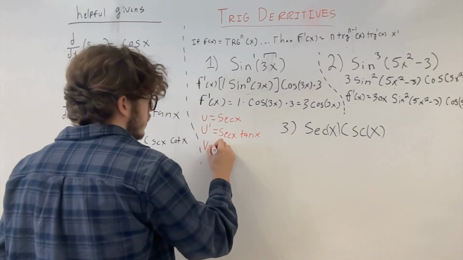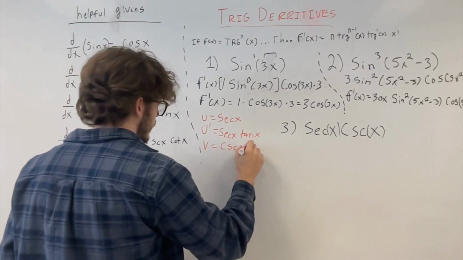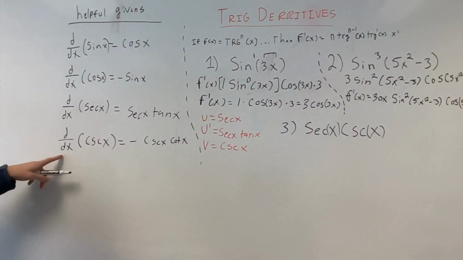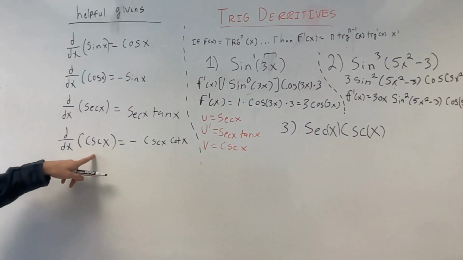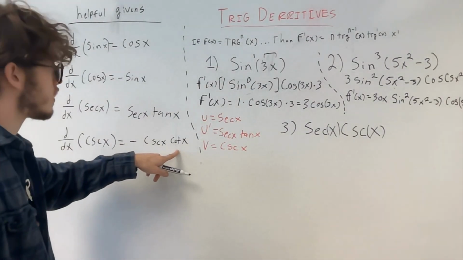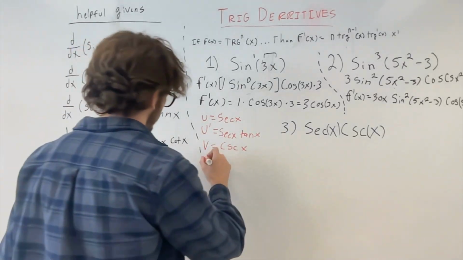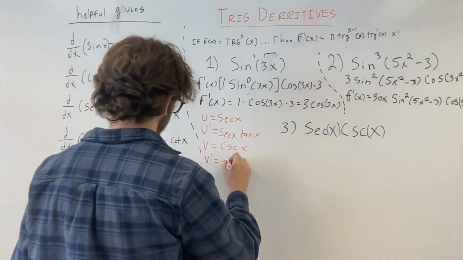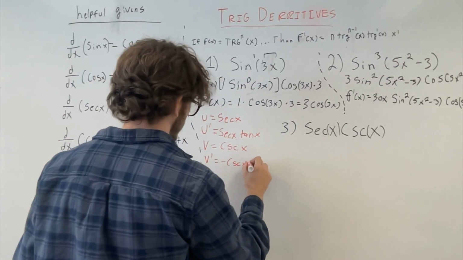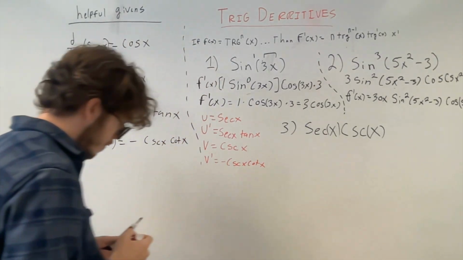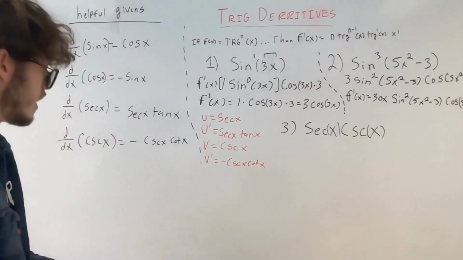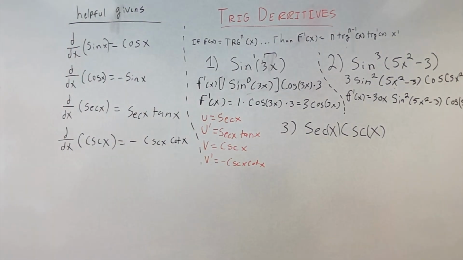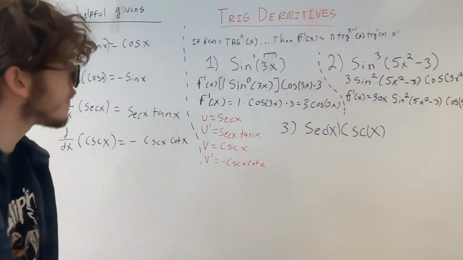So v is going to be equal to cosecant of x. So the derivative of cosecant of x is negative cosecant of x cotangent of x. So v prime is negative cosecant of x cotangent of x. I hope I don't sound like a freaking alien saying all this. I probably do. But anyways, that's what we're given for our variables.